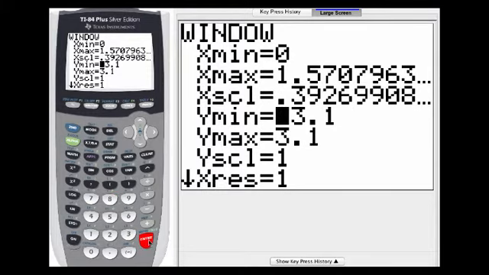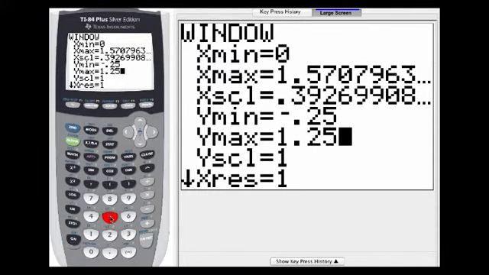And then for the y's, I have a nice one for the y's. A negative 0.25 up to a positive 1.25. And maybe we'll do a scale of 0.25 for that. Okay, so if you go ahead and set up your window like this.